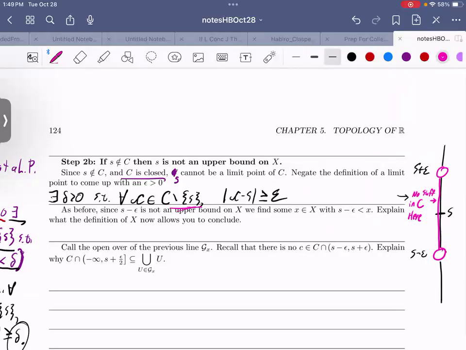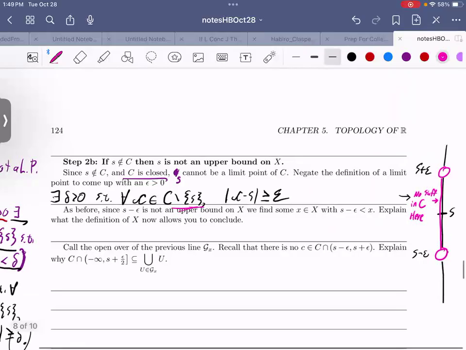As before, S minus epsilon is not an upper bound on X. So there's some x that's bigger than S minus epsilon, and has to be less than S because S is an upper bound on the set big X. S is the supremum of big X. Since S minus epsilon is not an upper bound on big X, there's some little x in big X with S minus epsilon less than x.